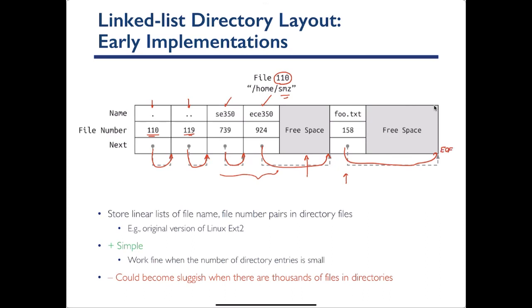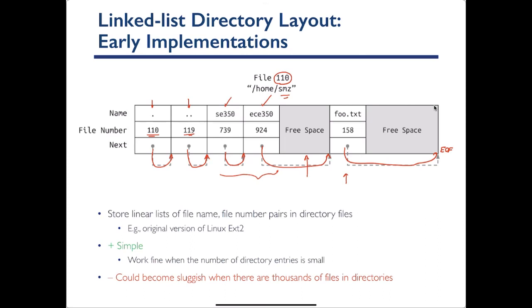Now, this is a simple design, and it would be fine if you have only a few items per directory. However, this would cause a lot of performance inefficiencies if you have thousands or hundreds of thousands of files or subdirectories in each one of your directories.